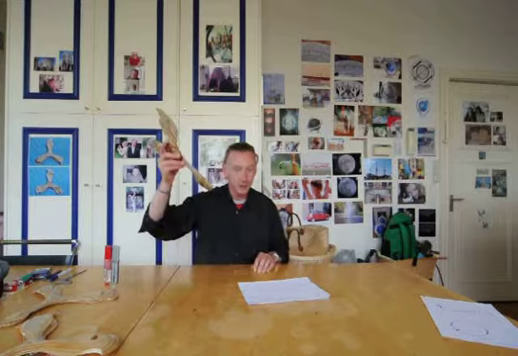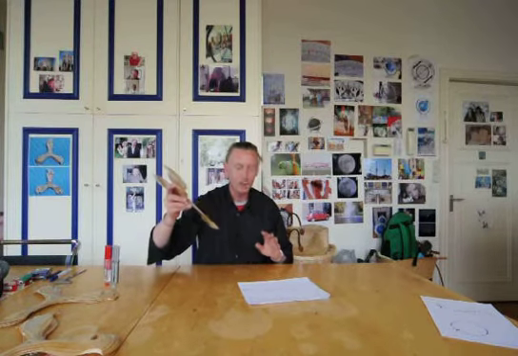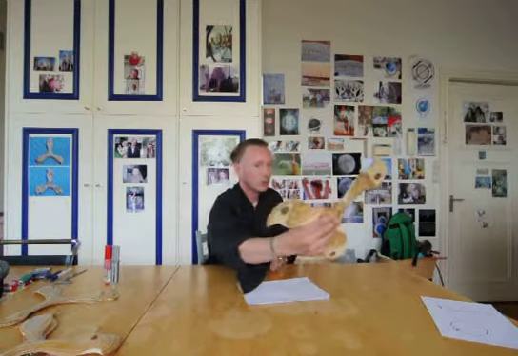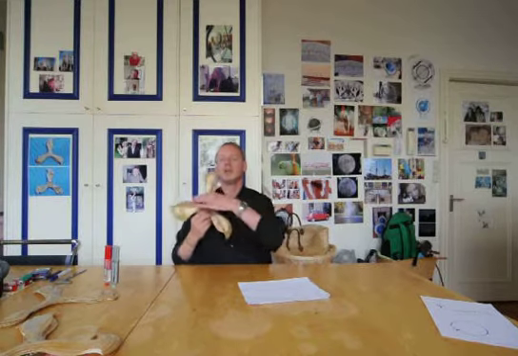Flat means climbing. We don't want to let the boomerang climb. We want to have it a few meters above the ground, and then we want to catch it again when it makes a circle.